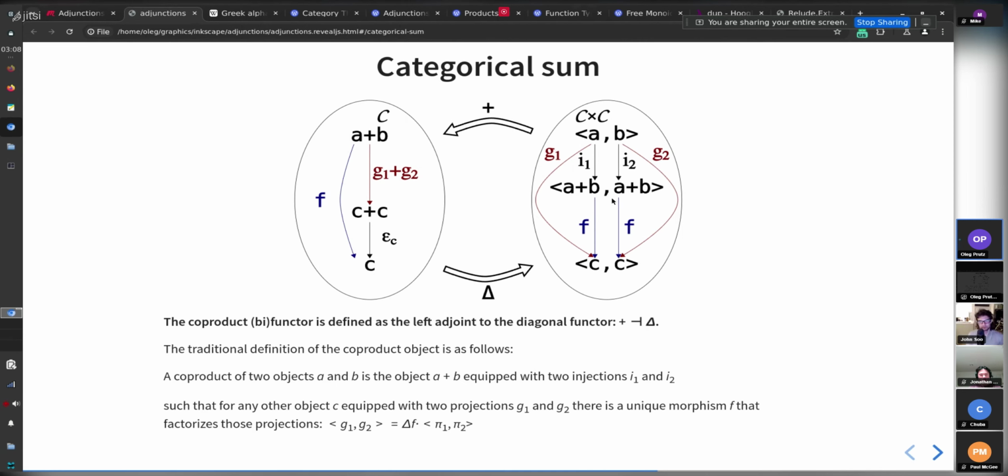And again, here now in the category on the right, we have the structure, and in the category on the left, now we have the ranking. And A plus B is the best object because there is a morphism that goes from it to every other object with the structure.